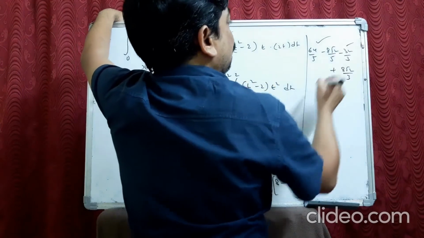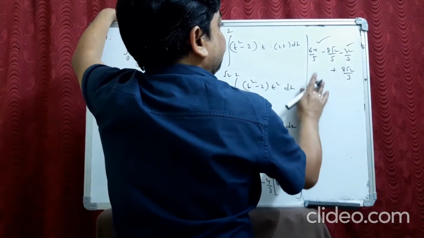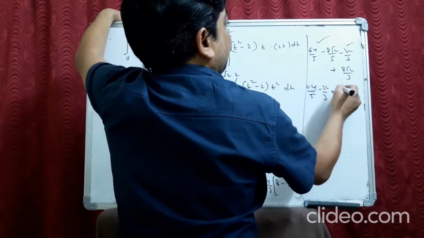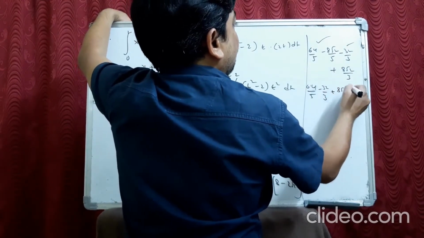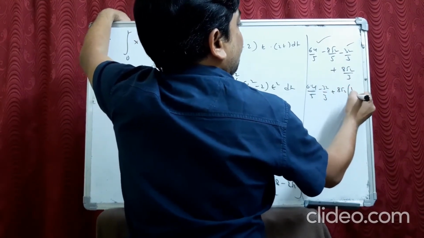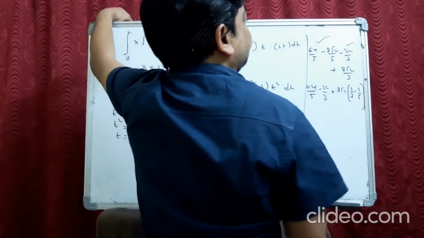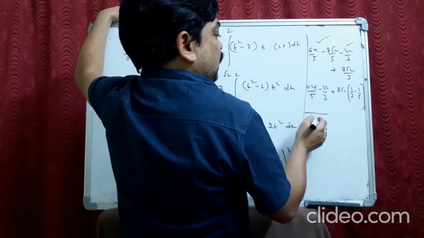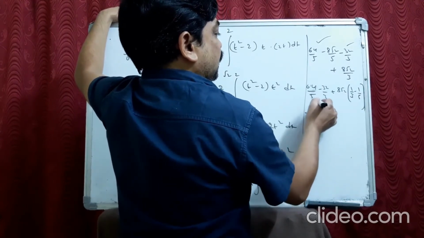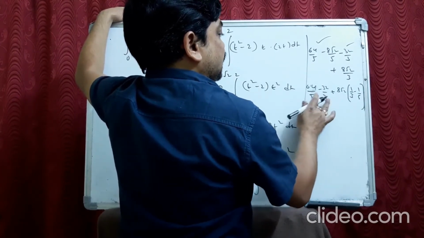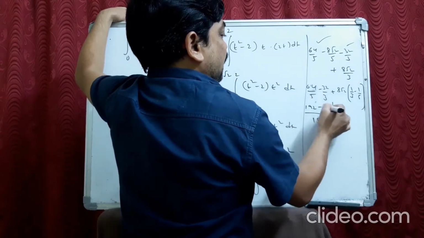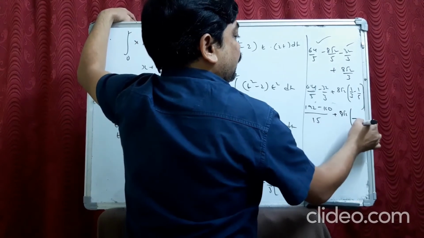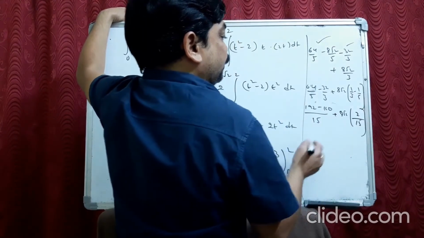Take without root 2: 64 by 5 minus 32 by 3. From the other two take 8 root 2 common: 1 by 3 minus 1 by 5. Here the LCM is 15. 192 minus 160, and 8 root 2 with 5 minus 3 over 15.